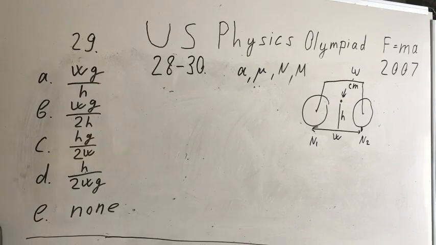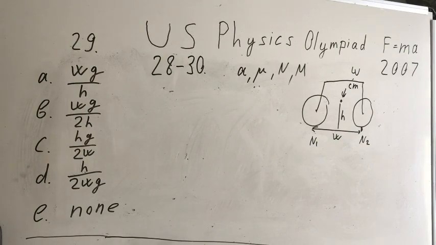Next problem, number 29. We have the same setup. What is the maximum value of acceleration A so that both tires remain in contact with the ground?